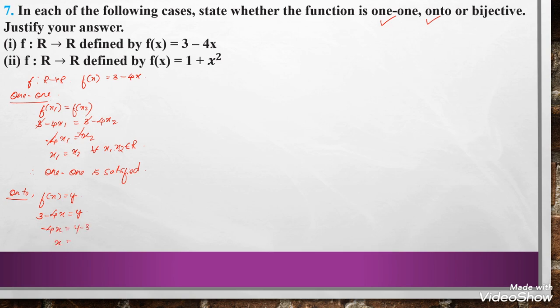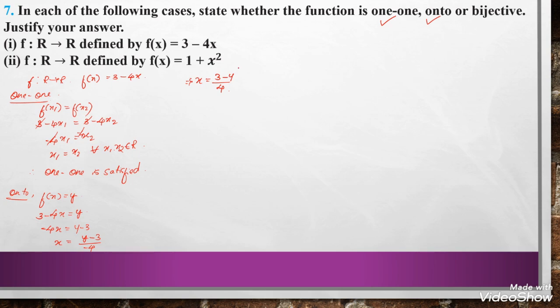So x is equal to y minus 3 divided by minus 4. Taking minus common, it becomes x is equal to 3 minus y divided by 4.